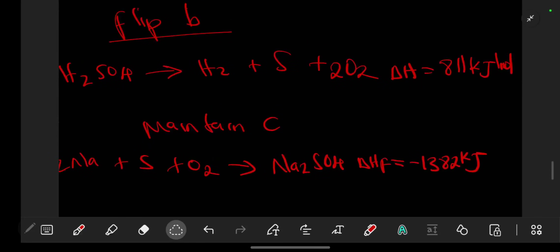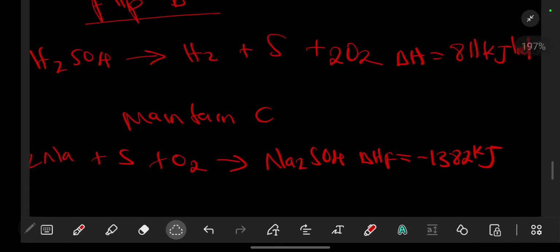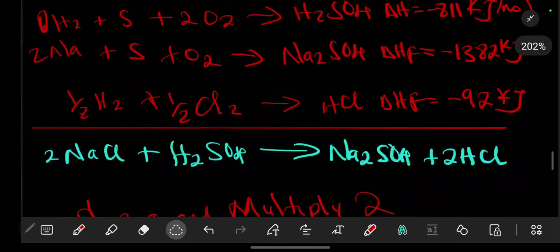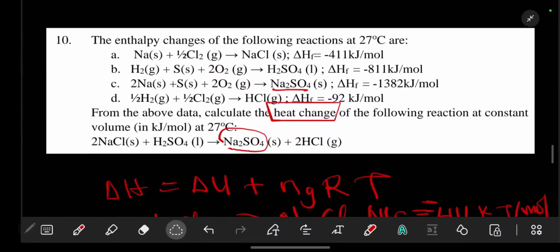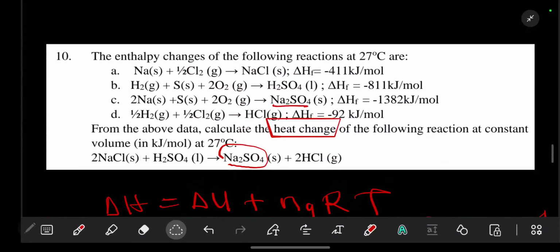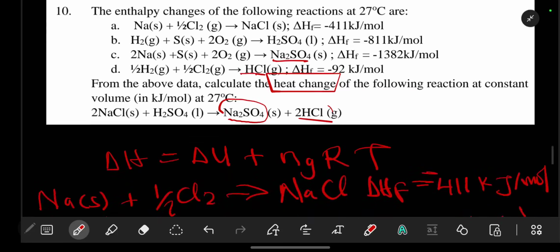Finally, we have our D. So our D is equivalent to this. We have sodium chloride or hydrochloric acid. It is lacking a 2 this side, but it is on the other side. So we just maintain it but multiply by 2.